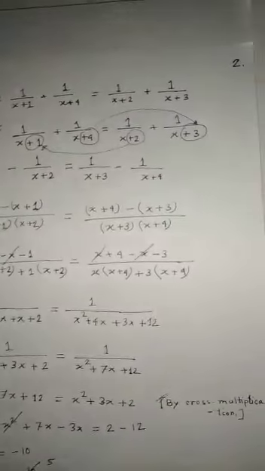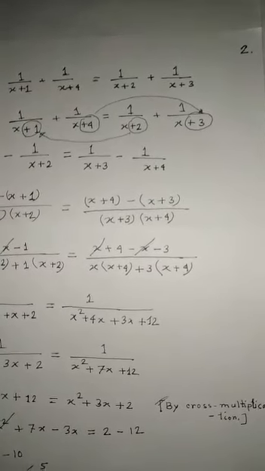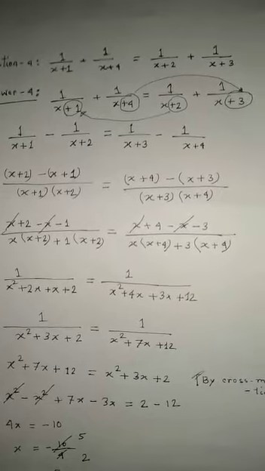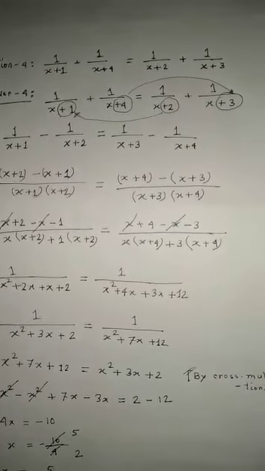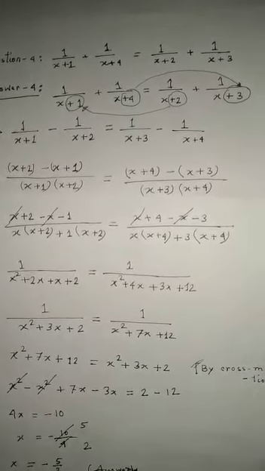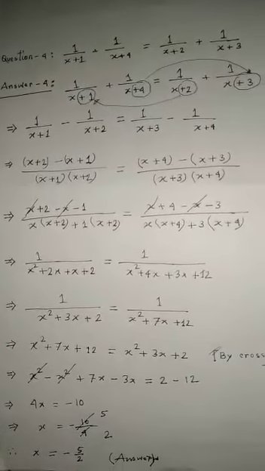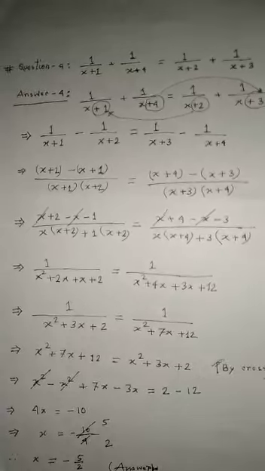Here in the green ink, I have tried to make you understand the technique that you have to change the side. 1 by x plus 1 minus 1 by x plus 2 is equal to 1 by x plus 3 minus 1 by x plus 4.